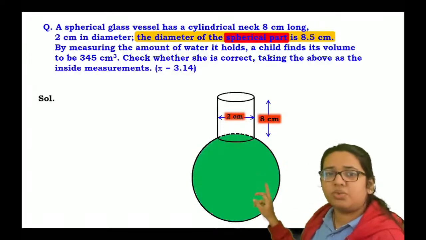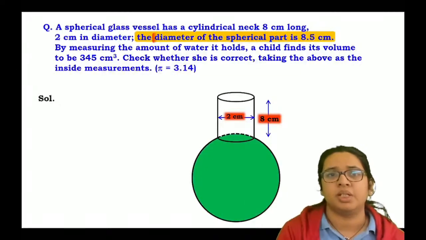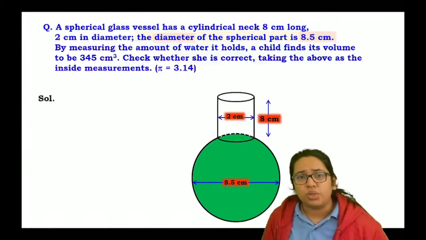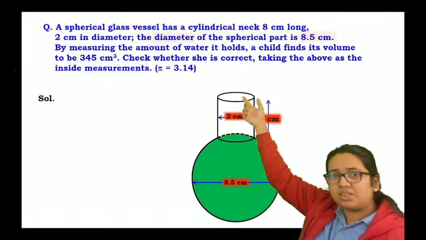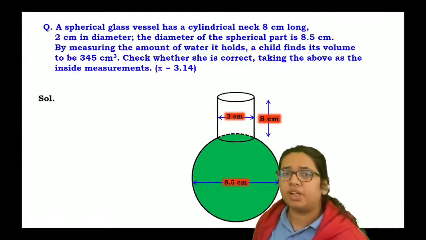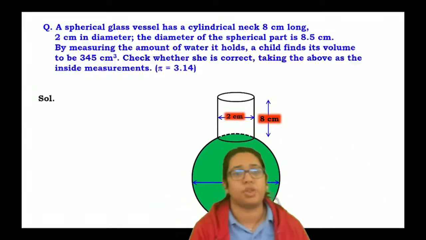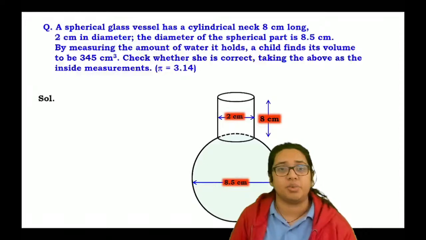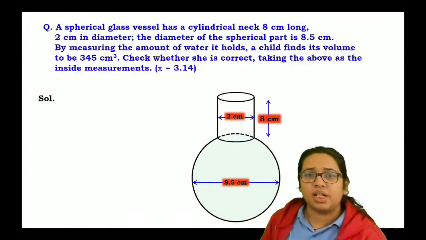By measuring the amount of water it holds, a child finds its volume to be 345 cubic centimeter. Check whether she is correct or not.